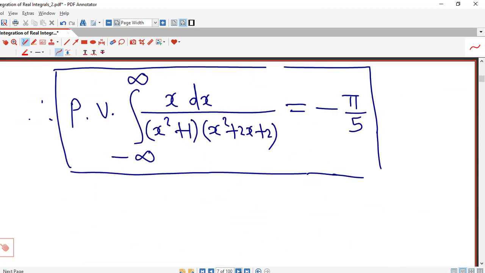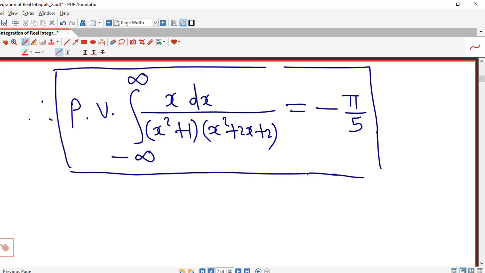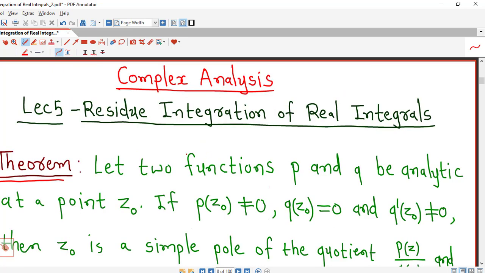So we come back to our discussion. We are discussing lecture number 5 on residue integration of real integrals.